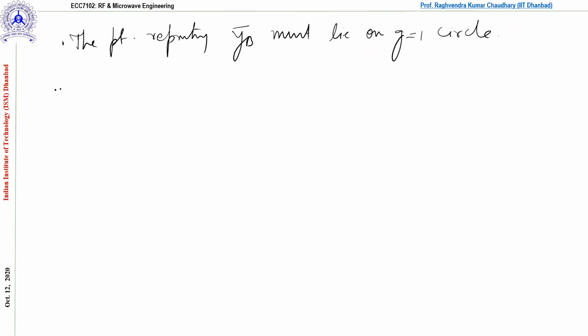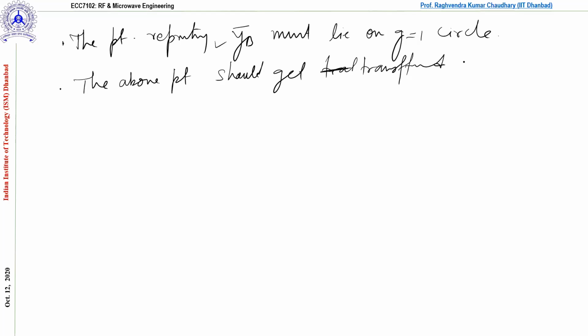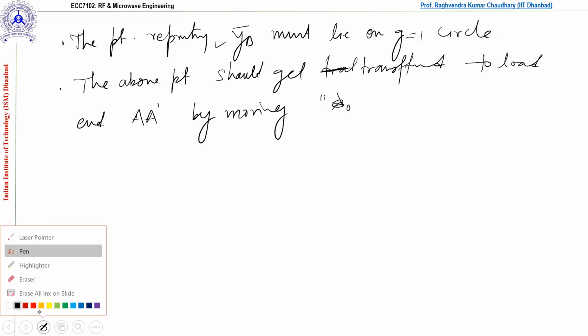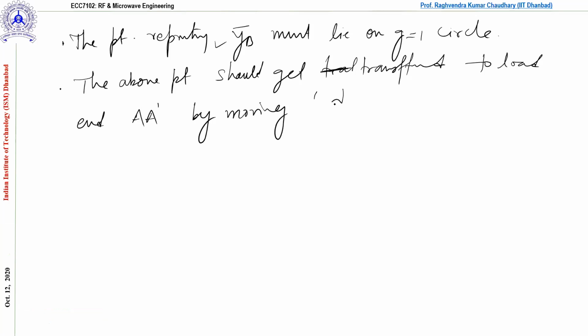And this point should get transferred to the load, that is from BB dash to AA dash, by moving on the Smith chart by d naught by lambda towards the load.